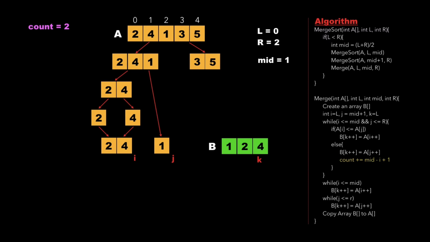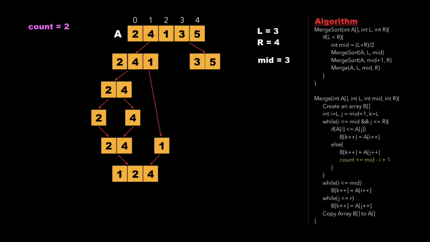So we update the values of B, and then finally copy the contents of B into array A. So we got a sorted subarray as 1, 2, 4. And now let's consider the right subarray 3, 5, where the values of L and R will be 3 and 4, and the value of mid will be 3.